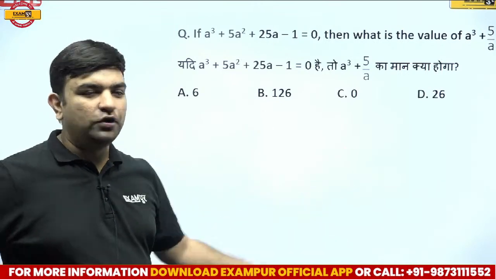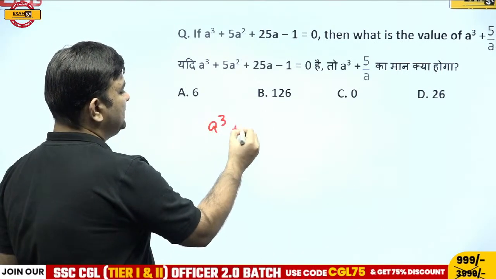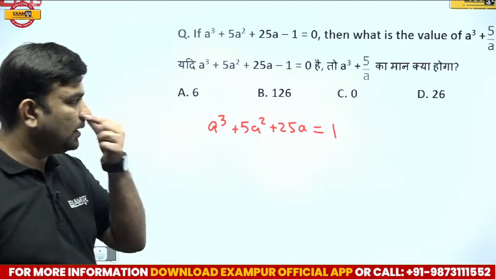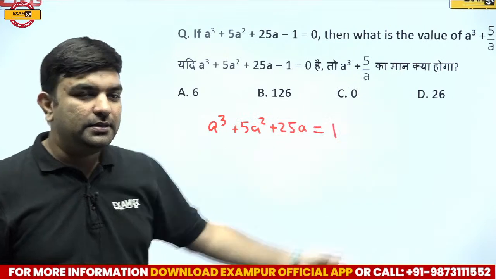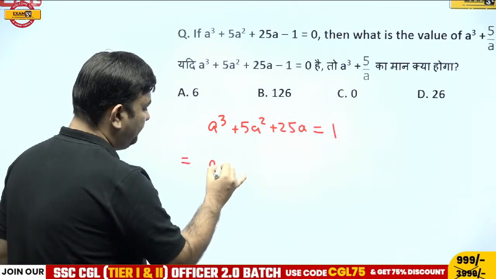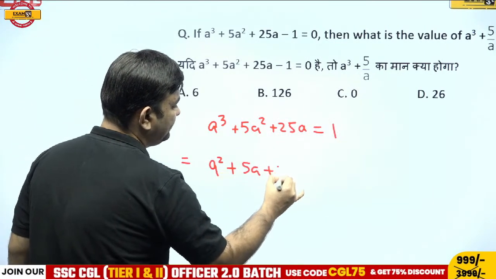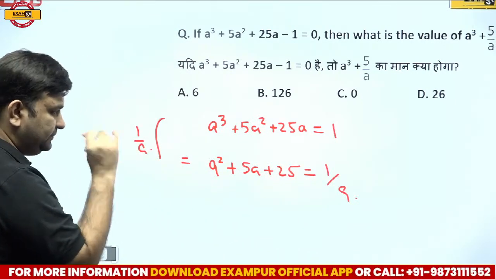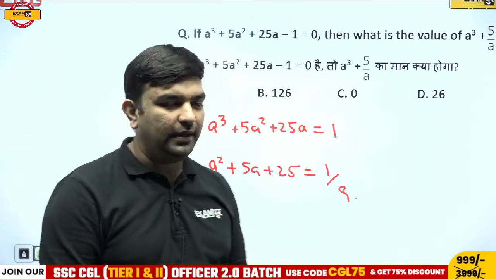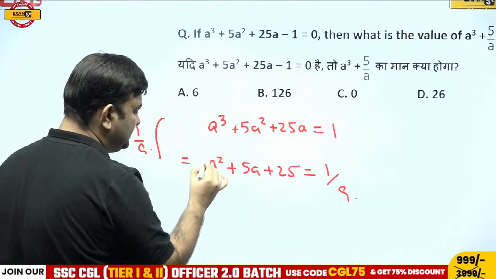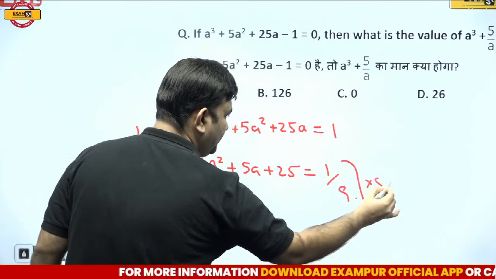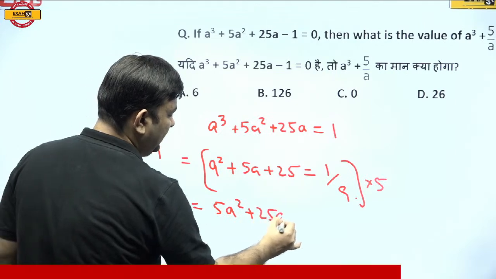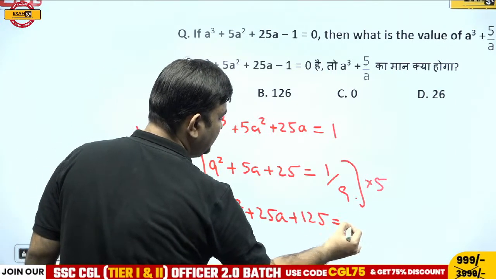We have done this kind of question before. So, a cube plus 5a square plus 25a is equal to a. You want to make 5 by a? So first make 1 by a, on dividing by a. You want to make 5 by a, so multiply by 5. 5a square plus 25a plus 125 is equal to 5 by a.